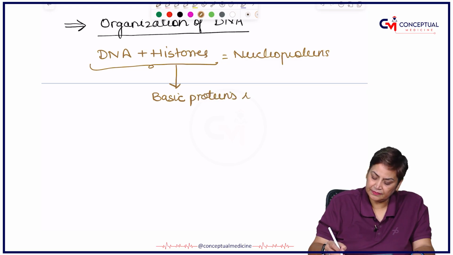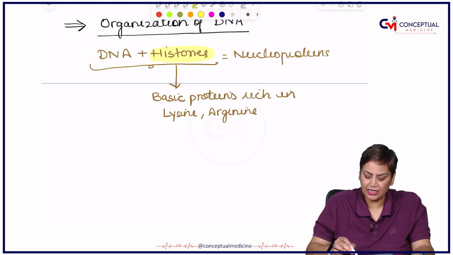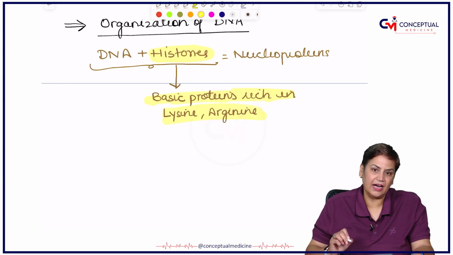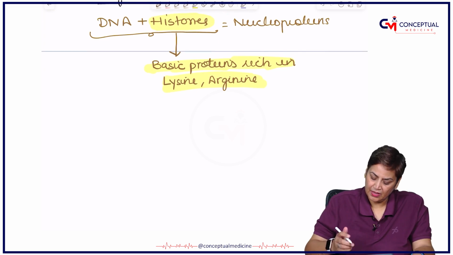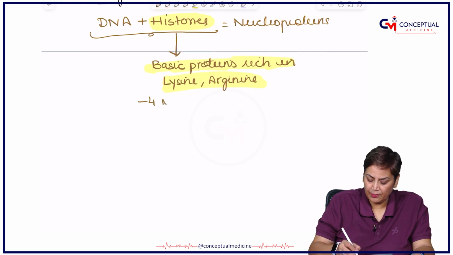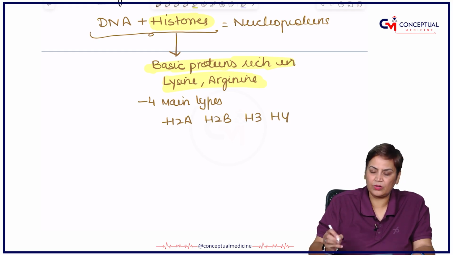rich in lysine and arginine. Very, very important. These histones are actually the basic proteins which are rich in lysine and arginine, and they are of four main types, which are H2A, H2B, H3 and H4.